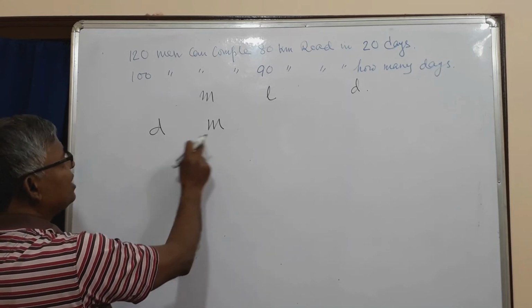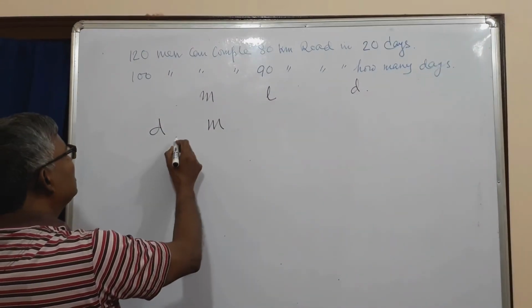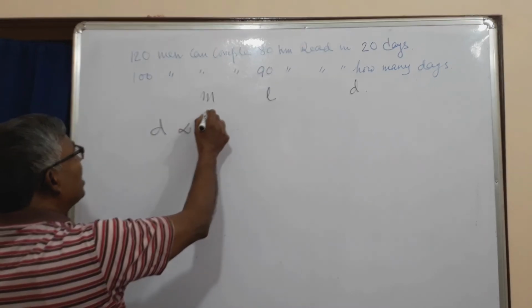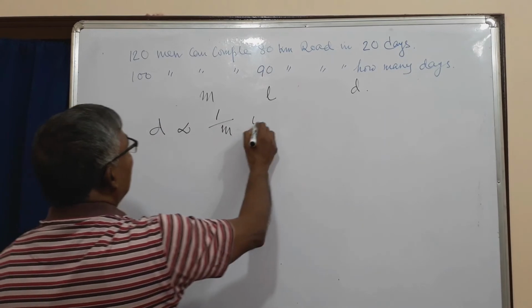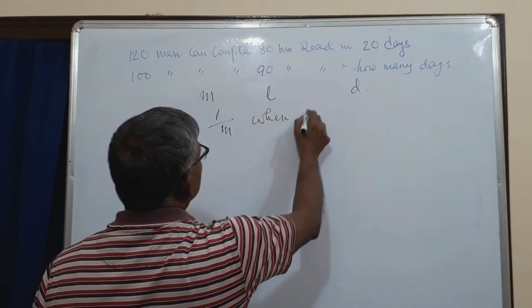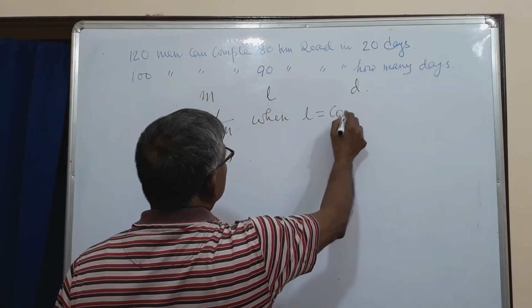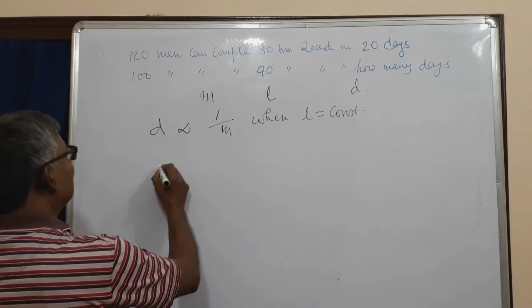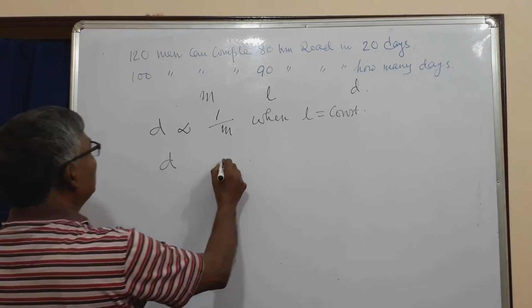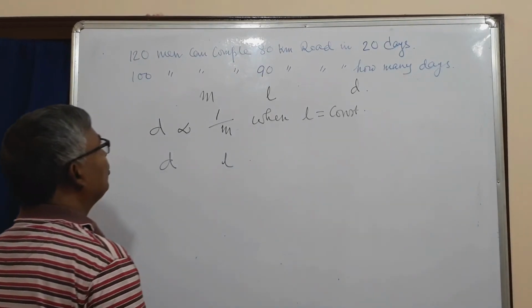So here is an inverse relation between d and m. So d varies as 1 by m, when L equals constant. Again, let us see how d and L are related.